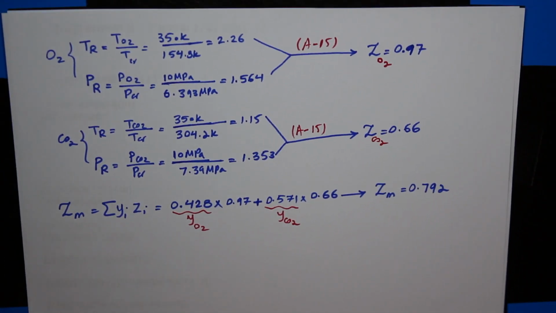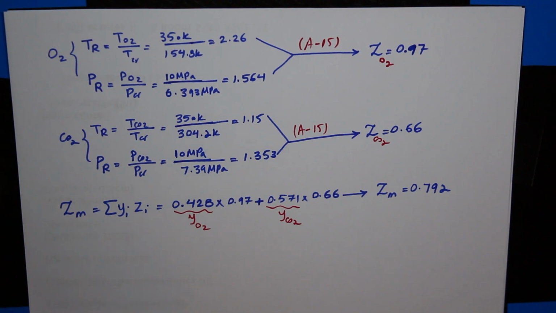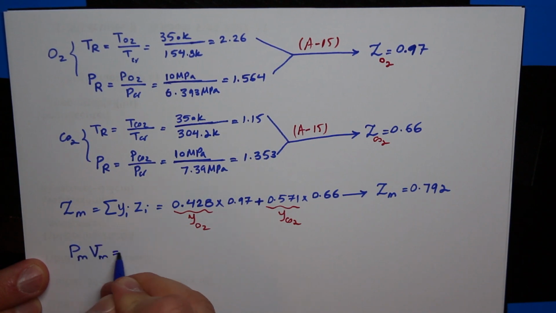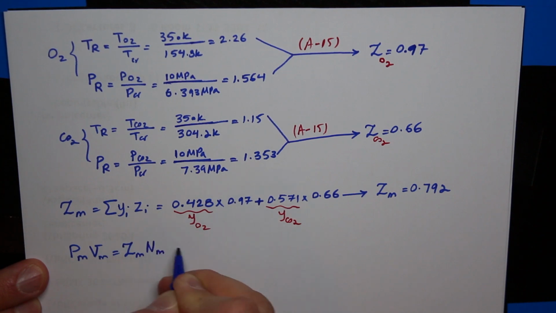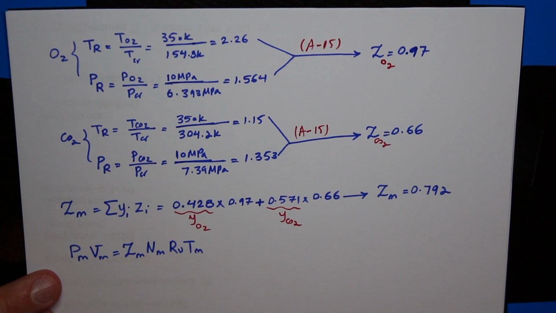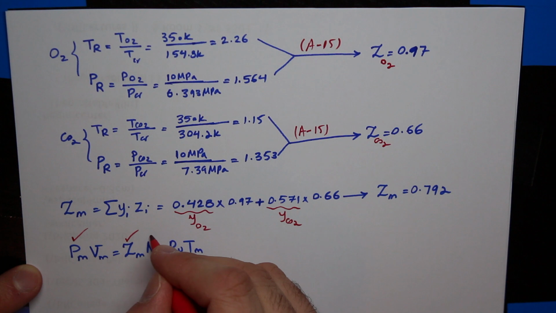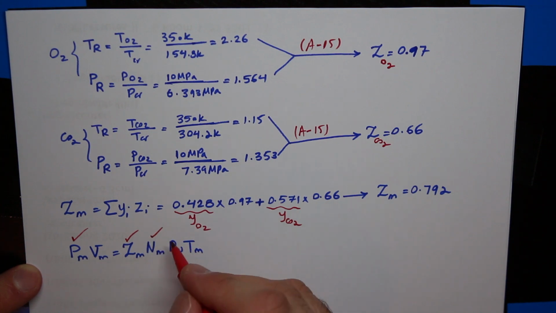Now I have Zm. All I need to do is use the same equation: the pressure of the mixture times the volume of the mixture is equal to Zm, the number of moles in the mixture, Ru, and the temperature of the mixture. Pressure, I have. Zm is what I just obtained, equal to 0.792. The number of moles is 7 kilomole.